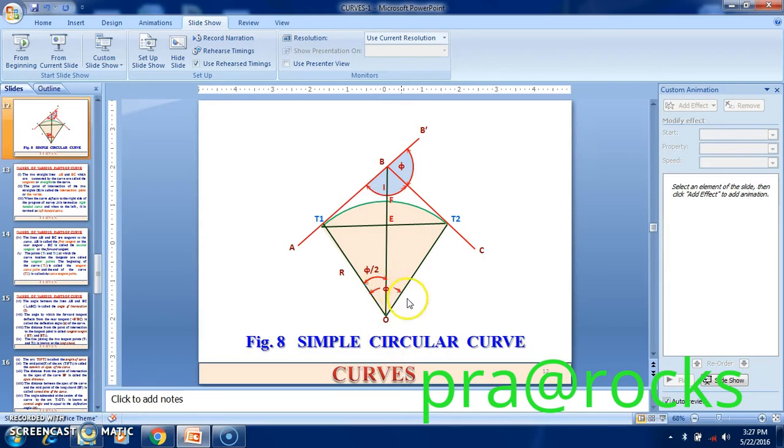But AB' is a straight line, so 180 minus I gives the deflection angle phi. So the central angle T1OT2 equals the deflection angle phi.